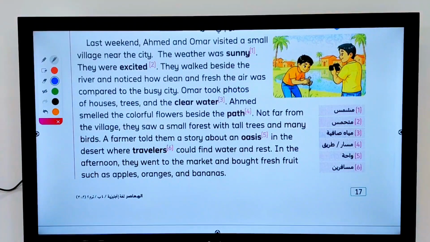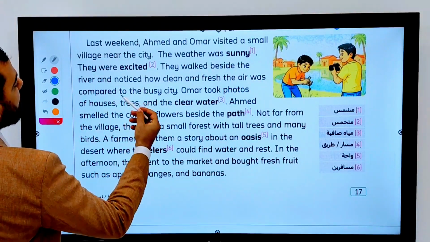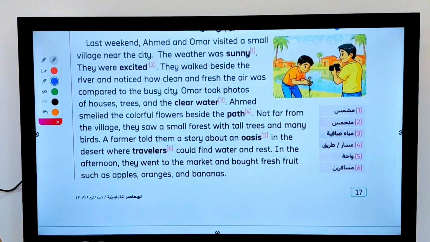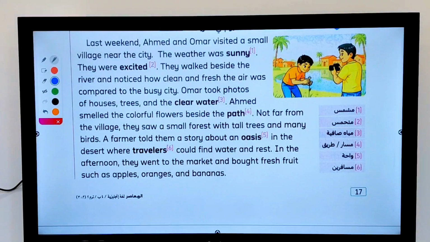They walked beside the river and noticed how clean and fresh the air was compared to the busy city. Omar took photos of houses, trees, and the clean water. Ahmed smelled the colorful flowers beside the path.